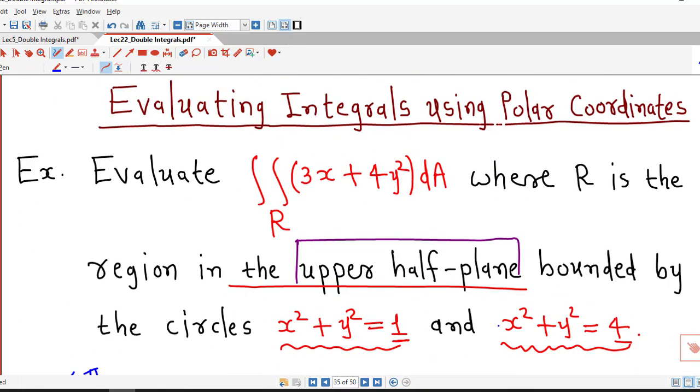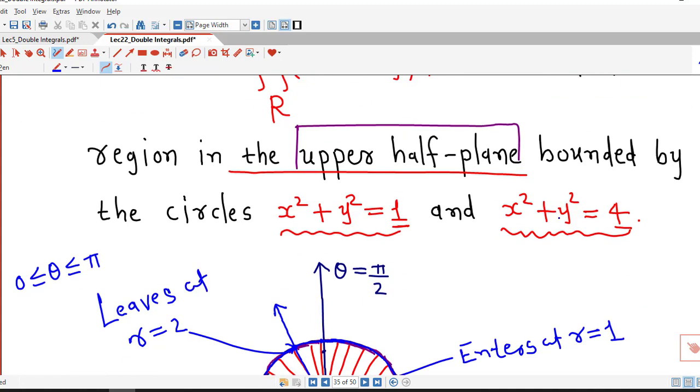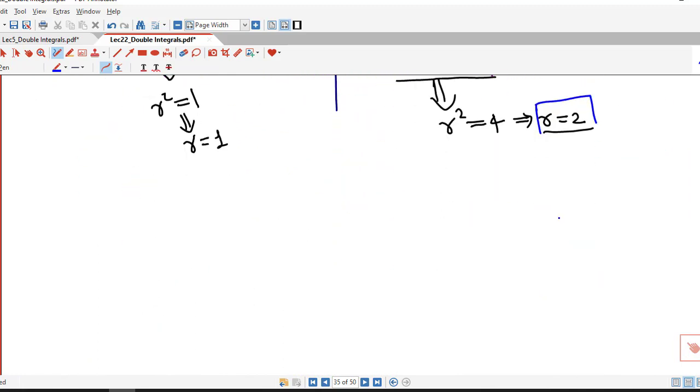So once we have the limits of integration, we can transform this integral into polar coordinates and try to evaluate this with respect to limits of r and theta. Before that we have to write down all these things.